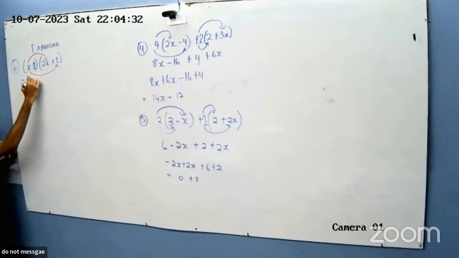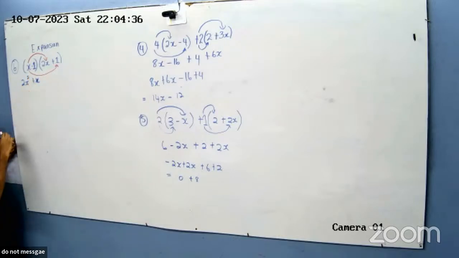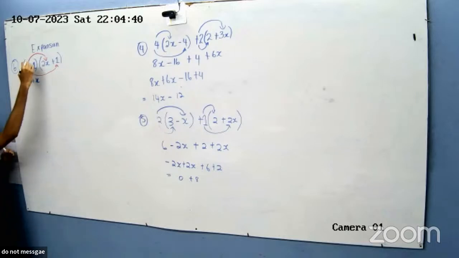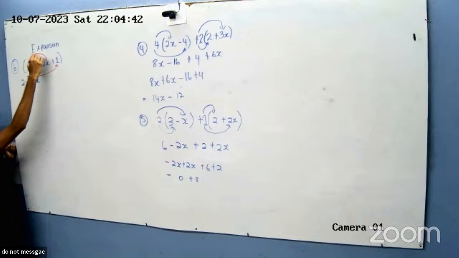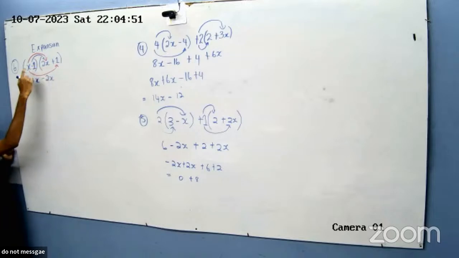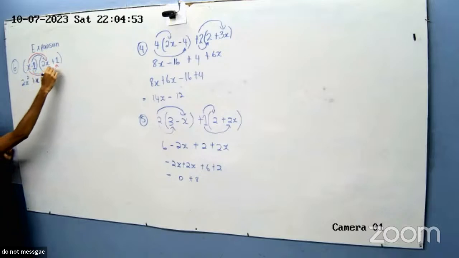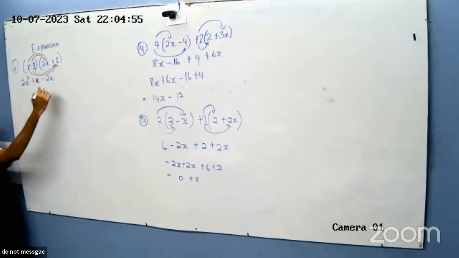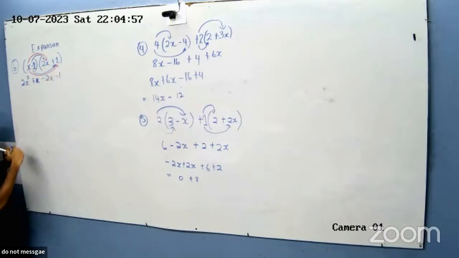So you get plus x. Then you take the second number, minus 1, and multiply it by 2x. You get minus 2x. Then you take negative 1 again and multiply by the positive 1. You get negative 1.